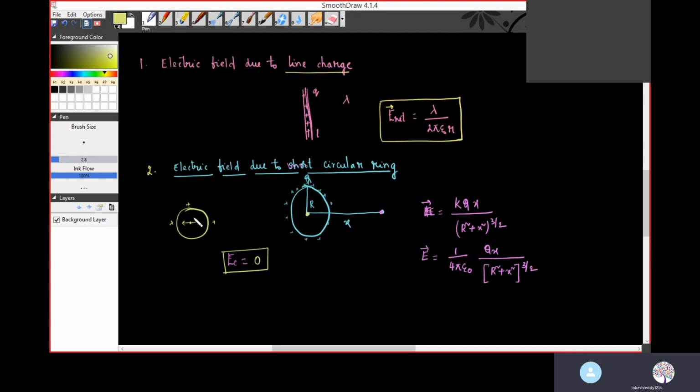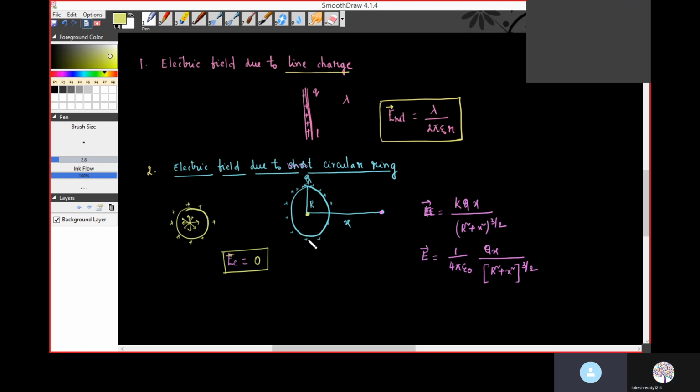Here also you have charges, pushing in opposite directions. Like that, on every side there is a charge on the other side which cancels. So the net field will be equal to 0 at the center of the circular ring.